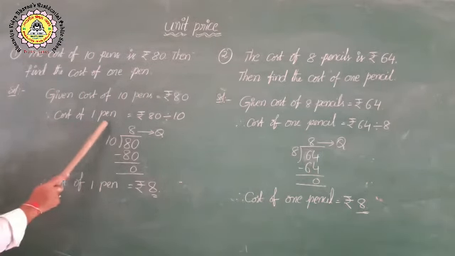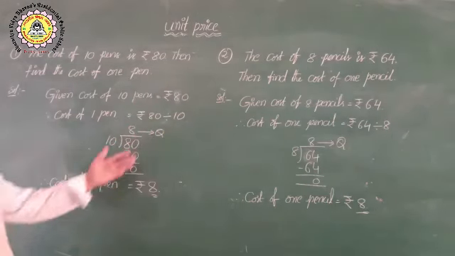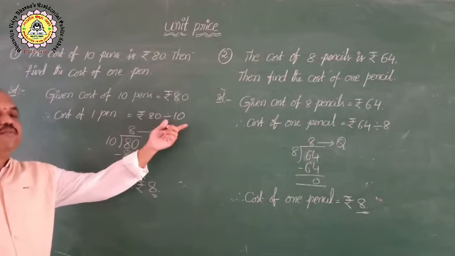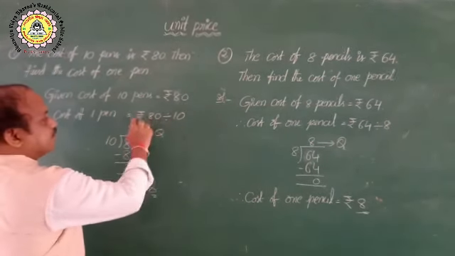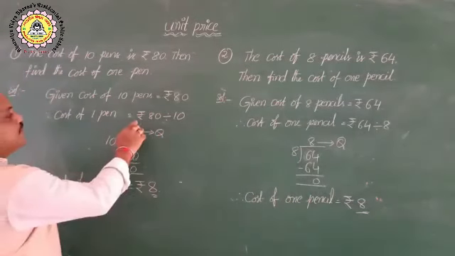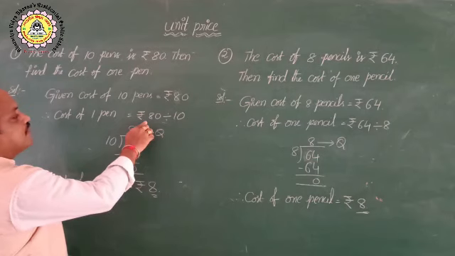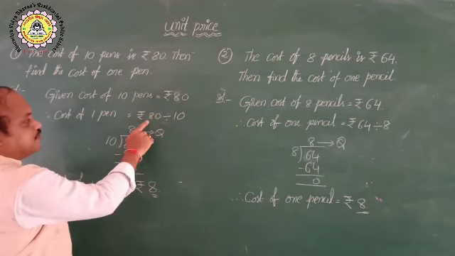Therefore, cost of 1 pen is equal to rupees 80 divided by 10. Why did I write rupees 80 divided by 10? I will explain. Here rupees 80 is the total amount of the 10 pens. That means cost of 10 pens is 80 rupees.